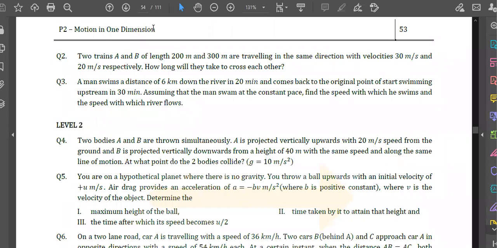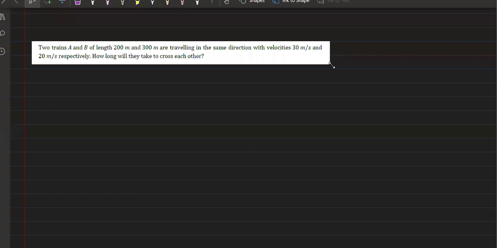Just go through question number 2. Everyone, just go through question number 2. So see question number 2.